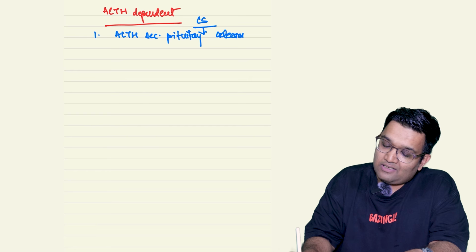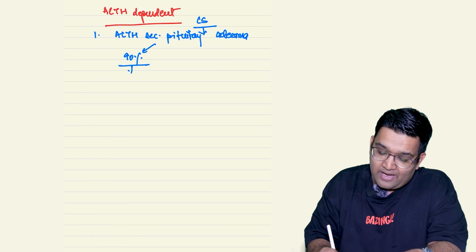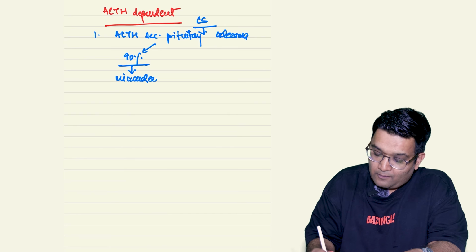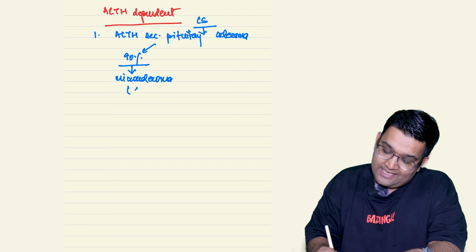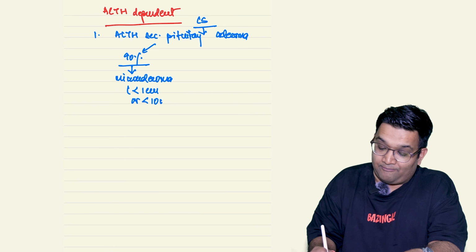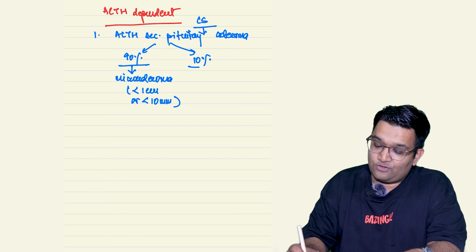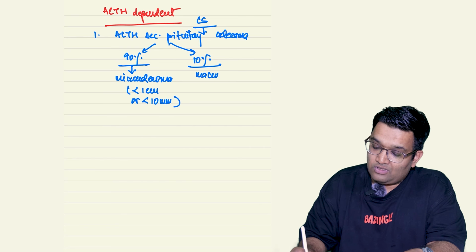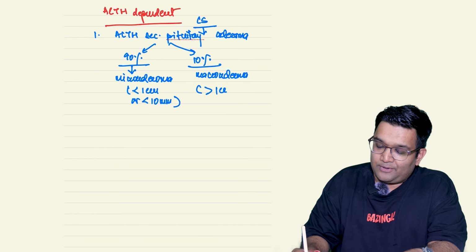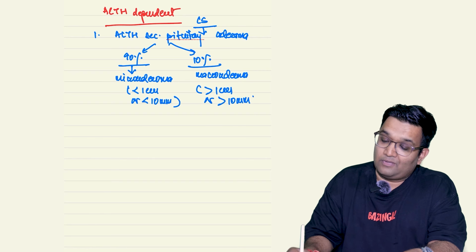This adenoma is going to be 90% of the time a microadenoma, that is less than 1 centimeter or less than 10 mm. While in 10% of cases, it is going to be a macroadenoma, that is more than 1 centimeter or more than 10 mm.